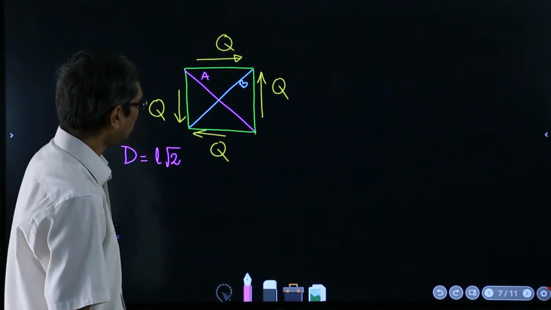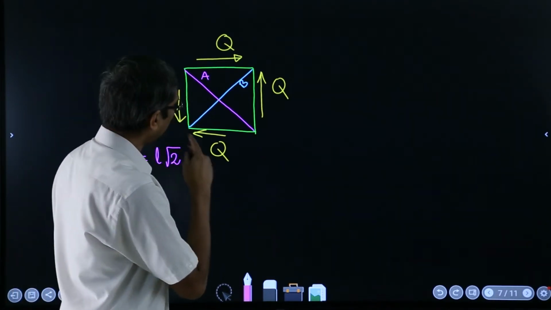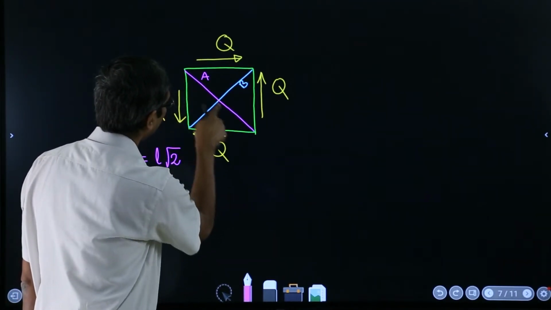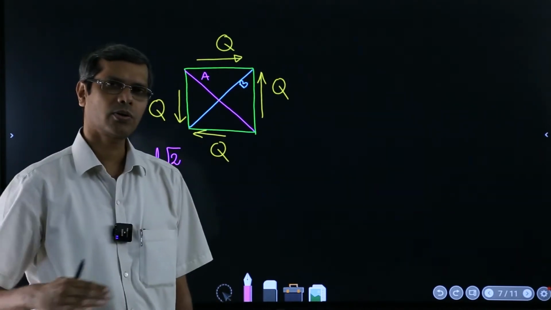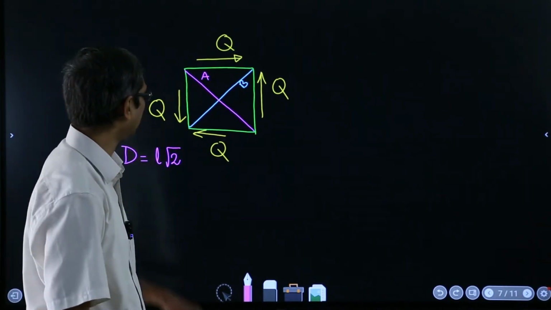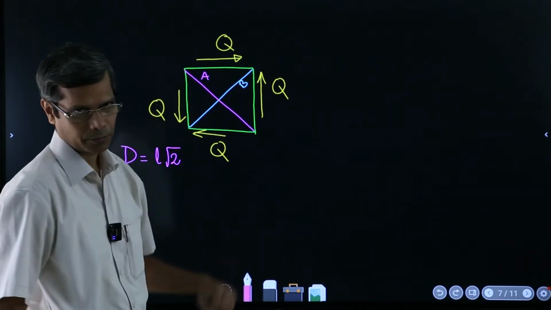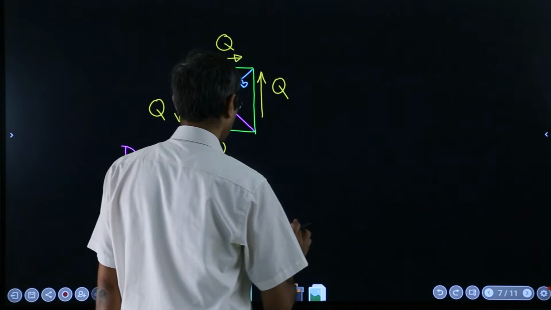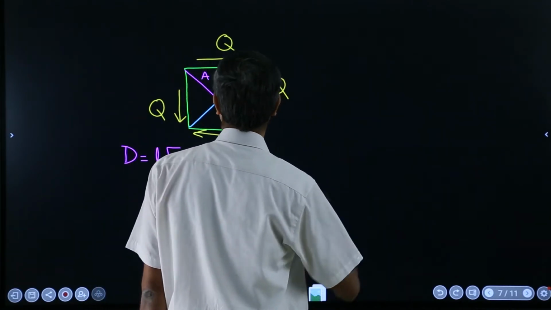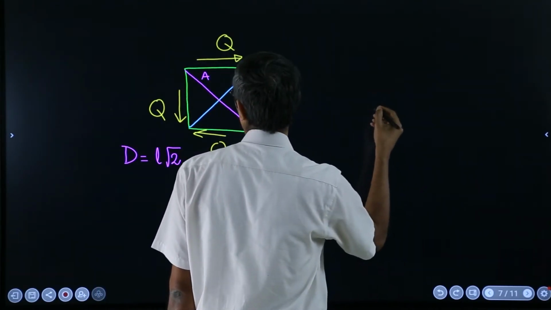Anyways, so now just try to see what sort of stress is existing on this diagonal A. So, what will be the situation?